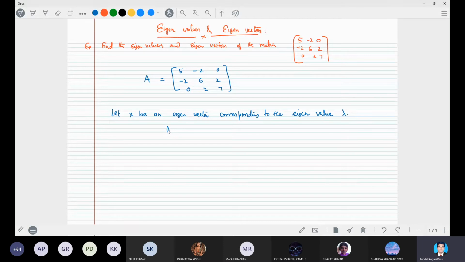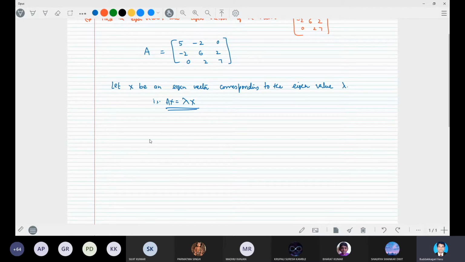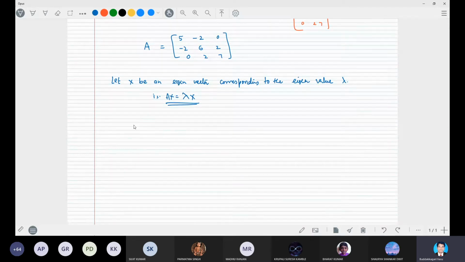Therefore Ax is equal to lambda into x. Good. So for finding the eigenvalues and eigenvectors, first write down its characteristic equation. That implies (A minus lambda I) into x is equal to 0. So this is equation 1.